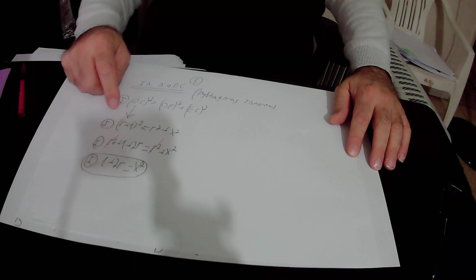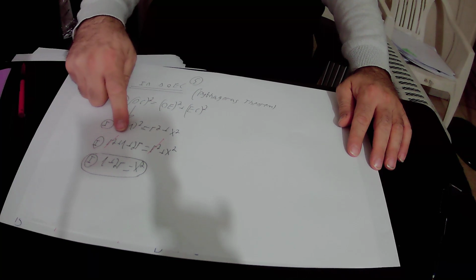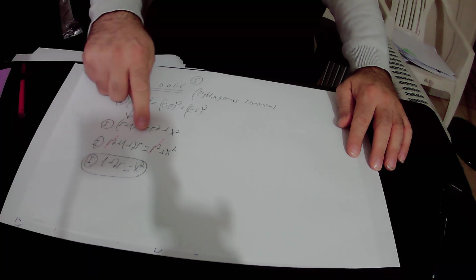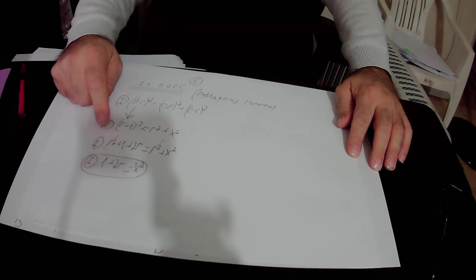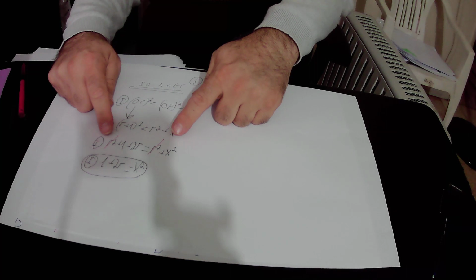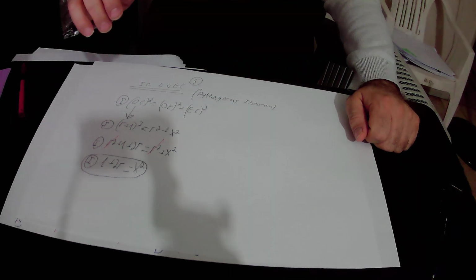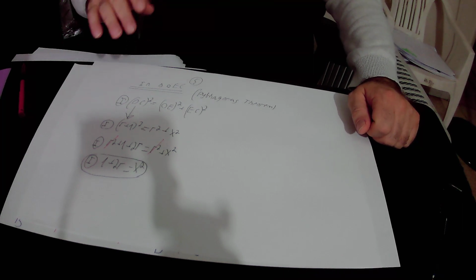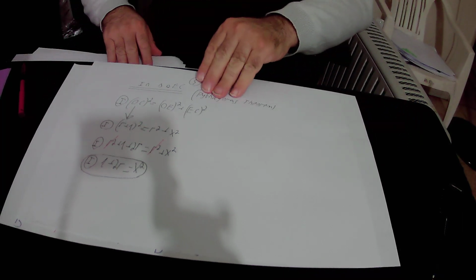We open the brackets on this side of equation number 1, and we got R squared plus 1 plus 2R, which equals R squared plus X squared. Here we subtracted R squared from both sides, so R squared gets cancelled, and we got 1 plus 2R equals X squared. So according to equation number 1, 1 plus 2R equals X squared.